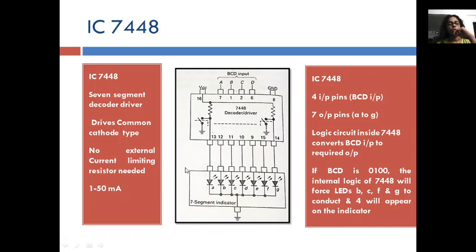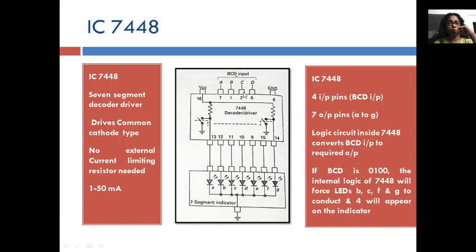Okay, look at the diagram. The IC and the 7-segment indicator. It's very easy, the 2 parts. So again, the same thing that we discussed in the last slide for 7446.